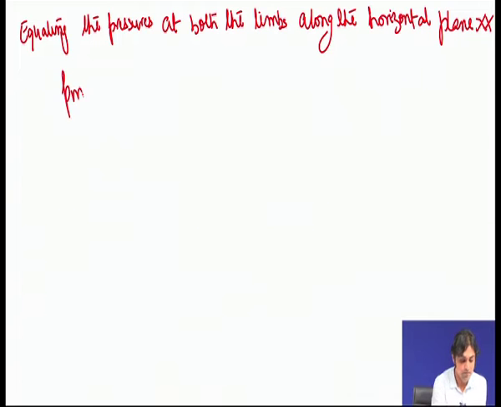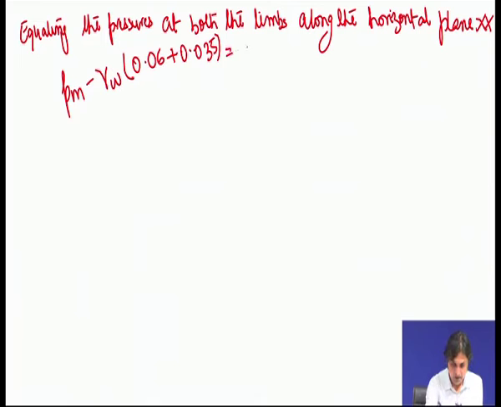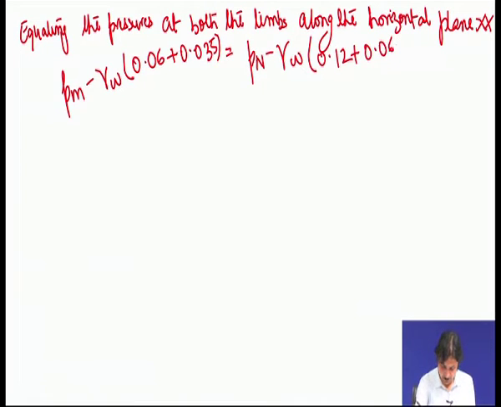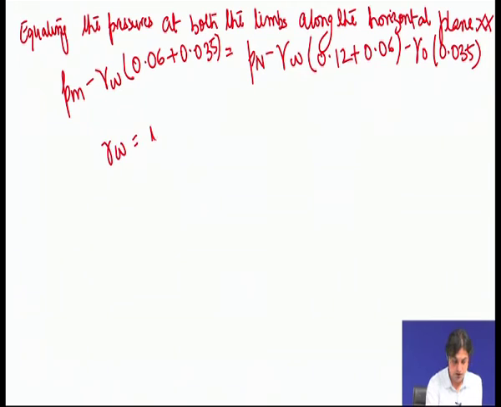So PM minus gamma W into (0.06 plus 0.035) will give us Pn minus gamma W into (0.12 plus 0.06) minus gamma naught into 0.035.